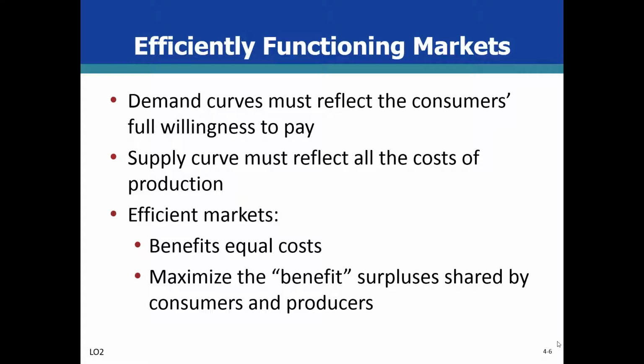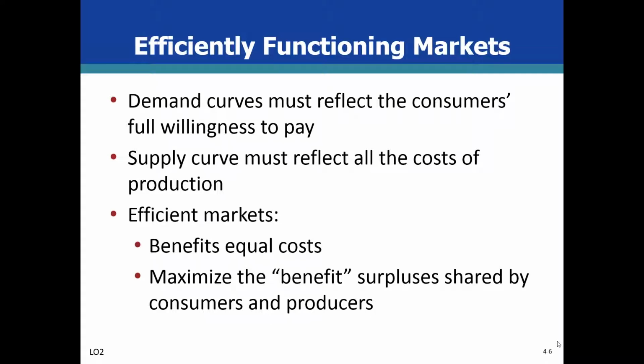So there's two concepts here. I want you to visually think of a demand and supply curve intersecting, and at that point of equilibrium, the benefits equal the cost, and we will see later that the surpluses, the consumer surplus and the producer surplus, are maximized and shared by both.